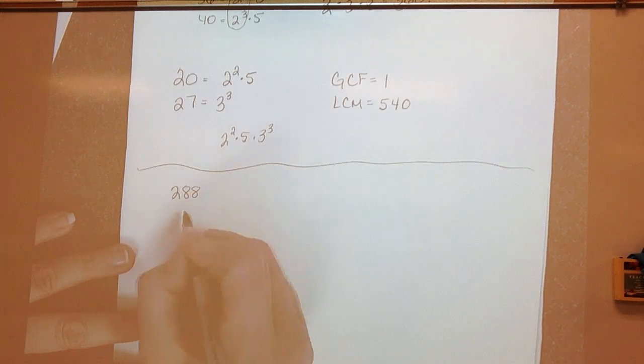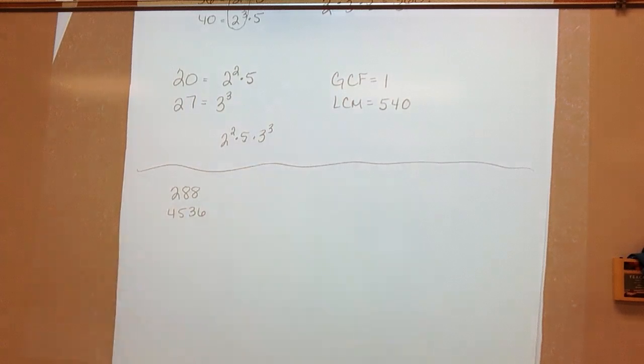So let's say I want to do 288 and 4,536. Do you really want to list all the factors, and do you really want to list all of the multiples of these numbers? Probably not. That's going to take a while.